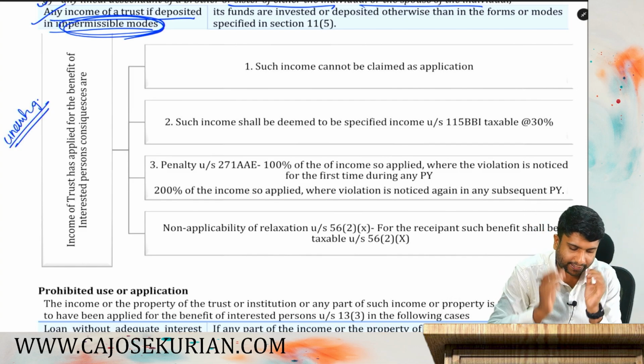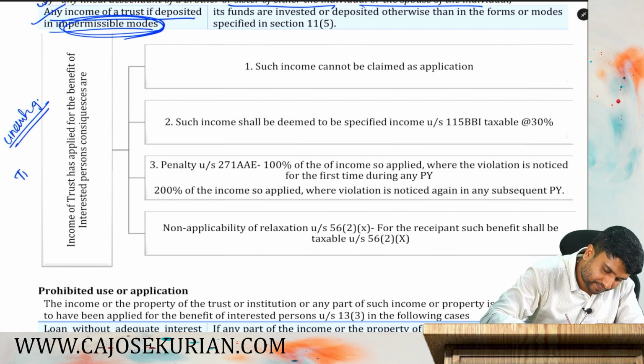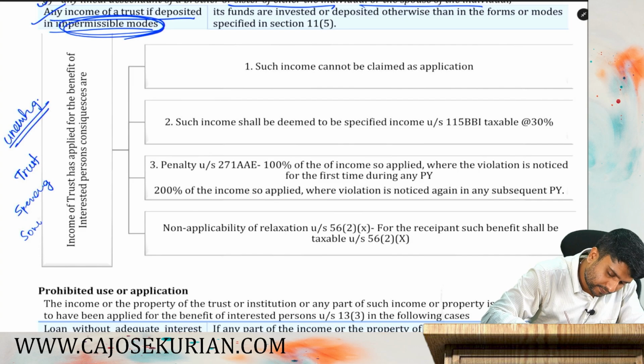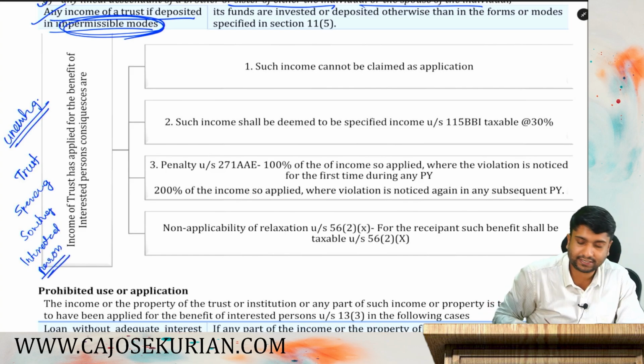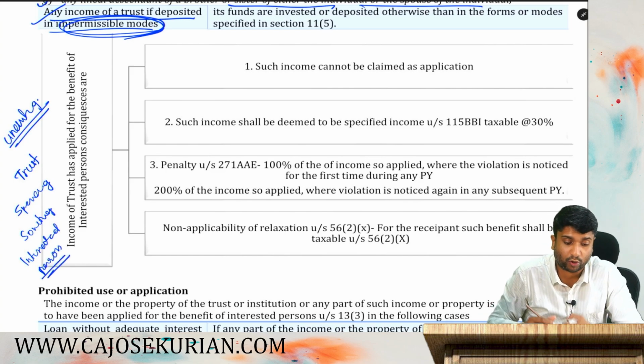So, let's understand. What if a trust is spending something for the benefit of an interested person? Let's see what will happen.